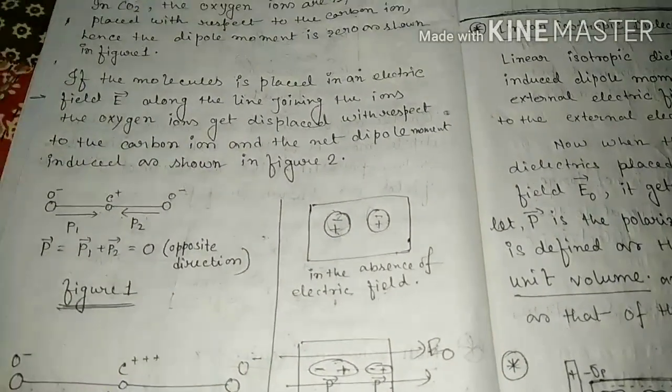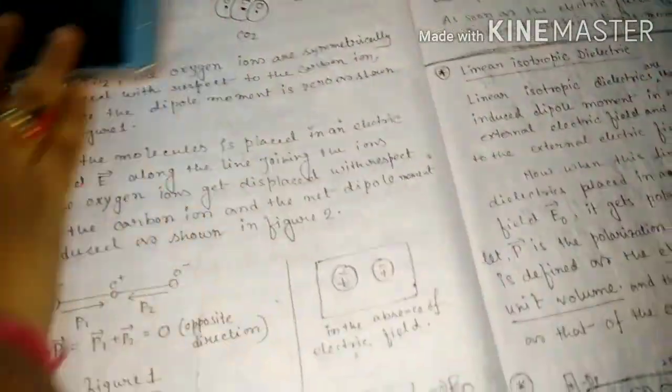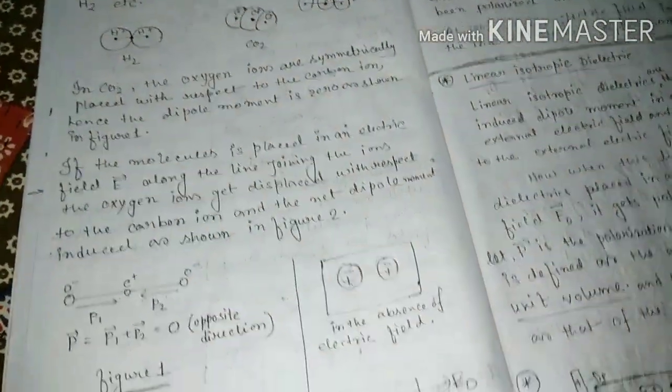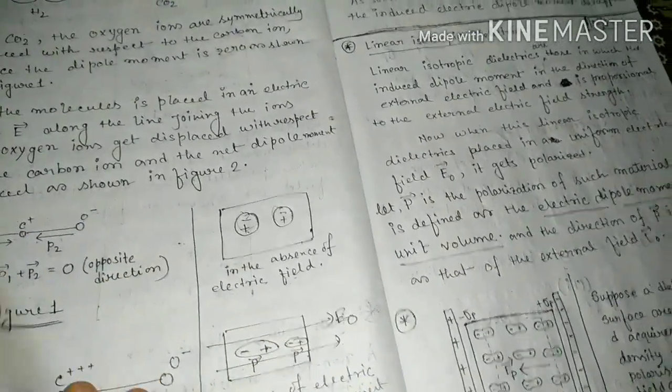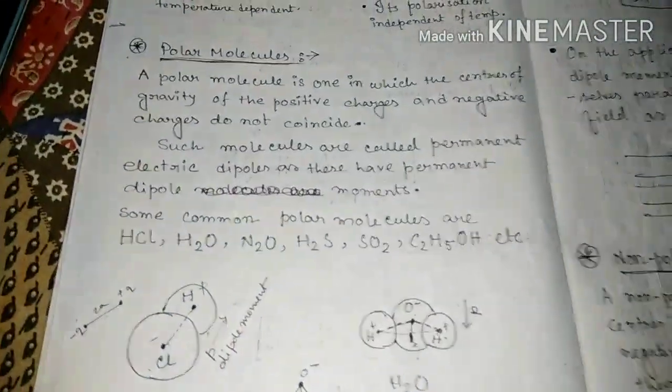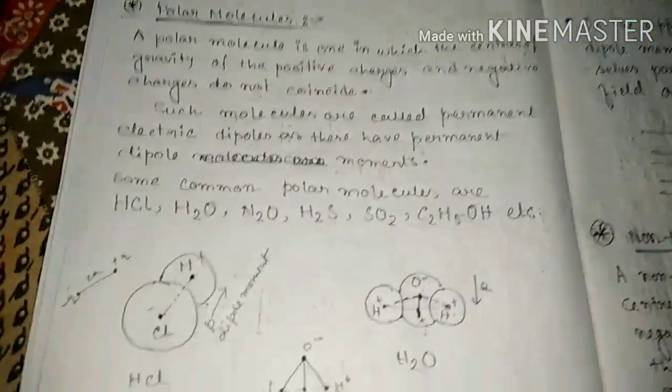Polar molecules are those in which the center of gravity of positive charge and negative charge do not coincide with each other.